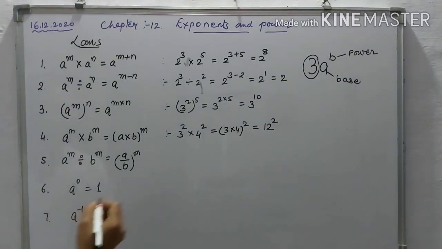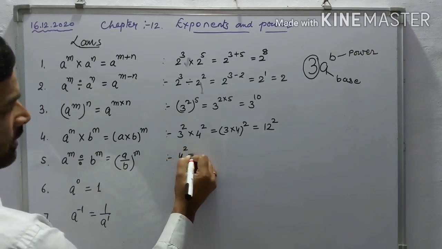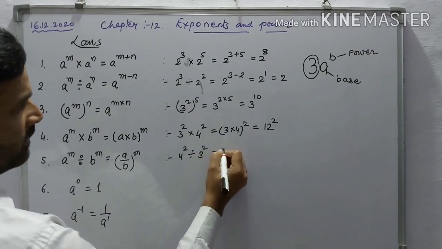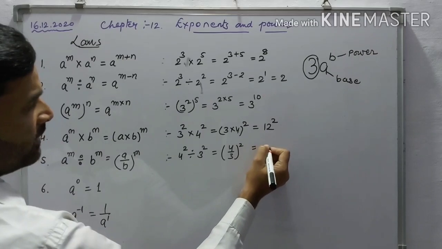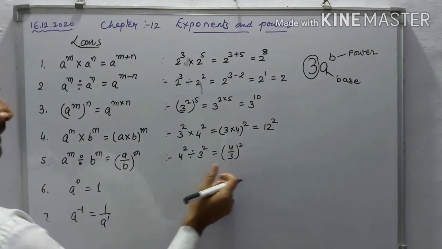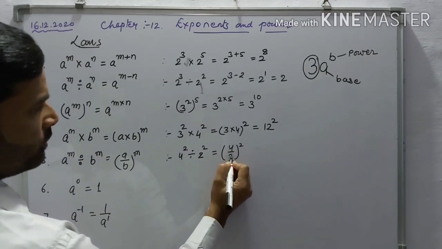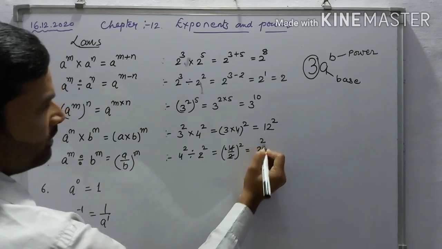Okay, next is 4 power 2 divided by 3 power 2 is equal to 4 upon 3 whole power of 2, and that is the final answer. Suppose here is 2 power 2 upon 2 power 2.